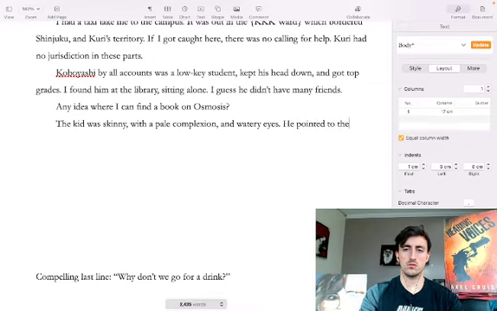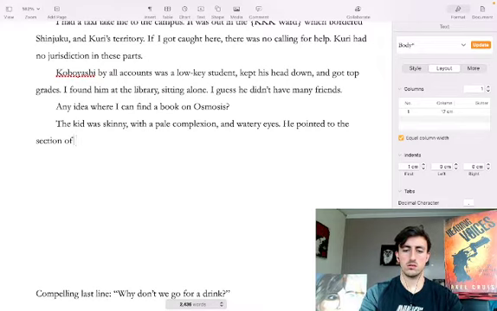They pointed to the section of books. No, I think section was better, right? Section of books.